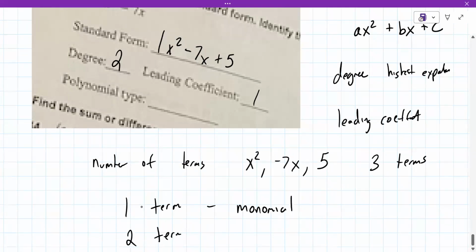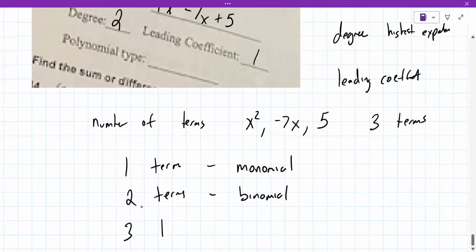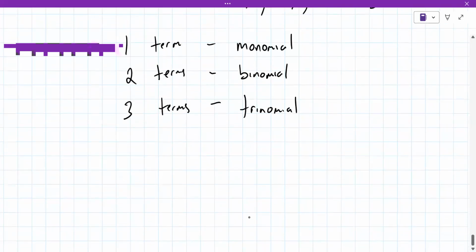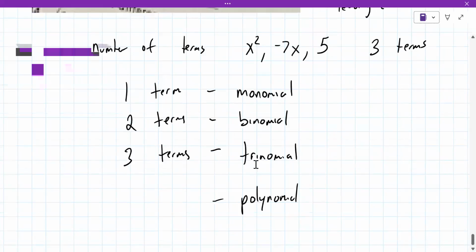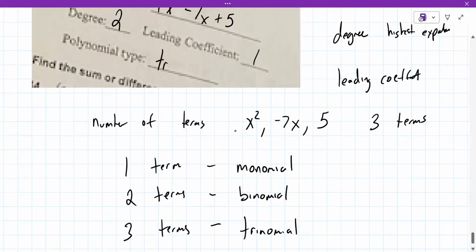Two terms is a binomial. Do you remember what three terms is called? Trinomial. And how about if it's got more than three? Polynomial. Yeah, good job. So this is a trinomial.